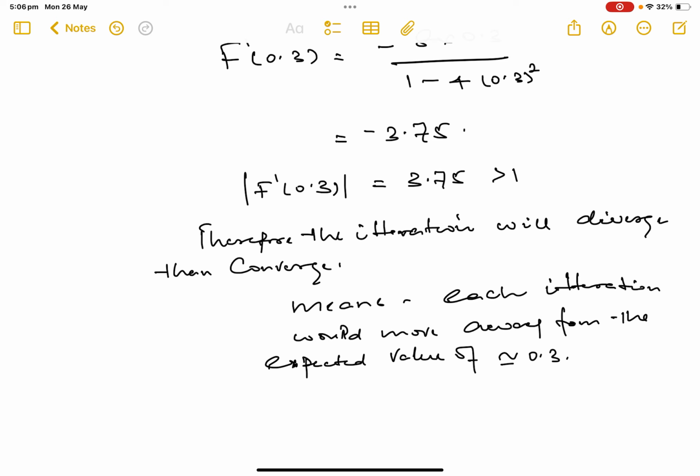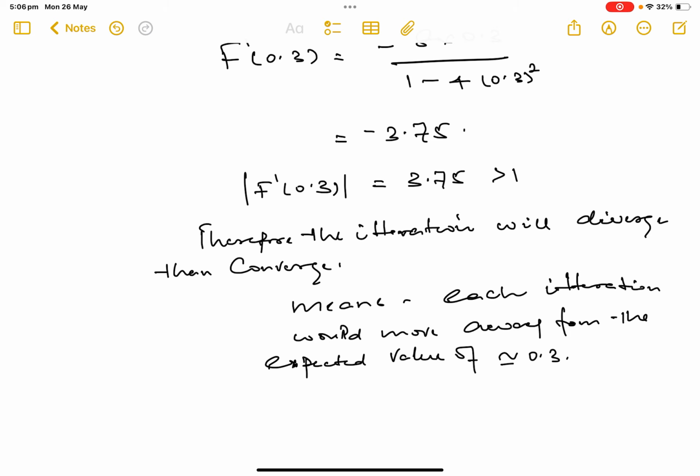The f dash 0.3, that is the gradient. So the modulus of f dash 0.3 is 3.75. That is greater than 1.